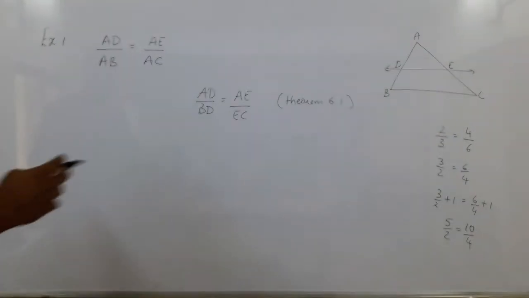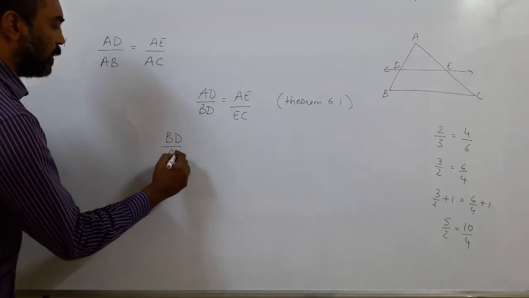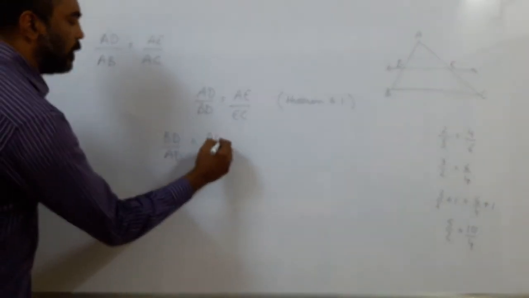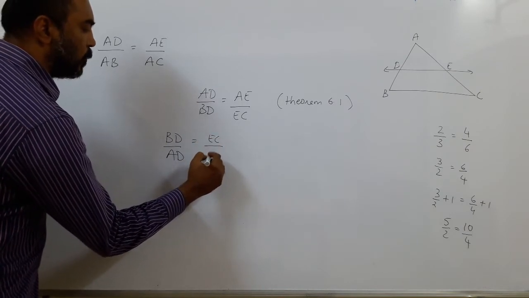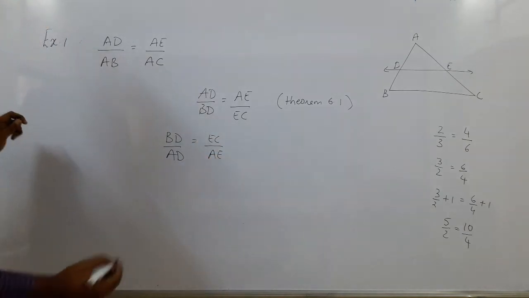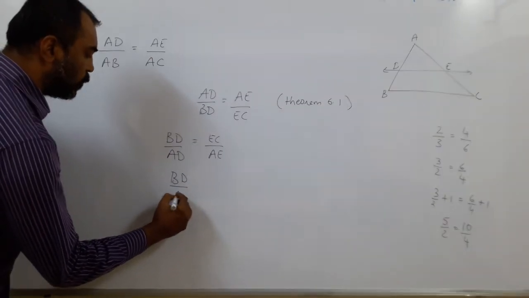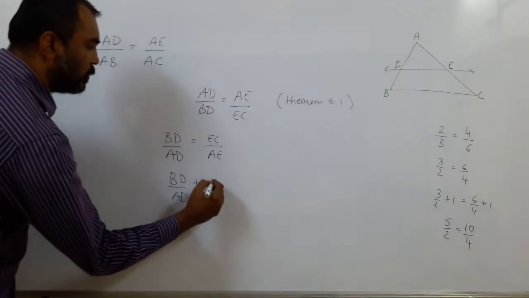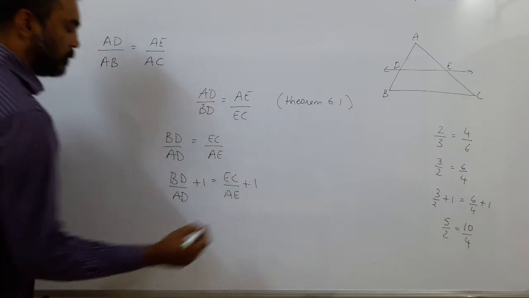So using invertendo, reverted, we get BD upon AD equal to, not AE, EC upon AE. Then like I did, I add 1 on both sides. So BD upon AD plus 1 equal to EC upon AE plus 1.